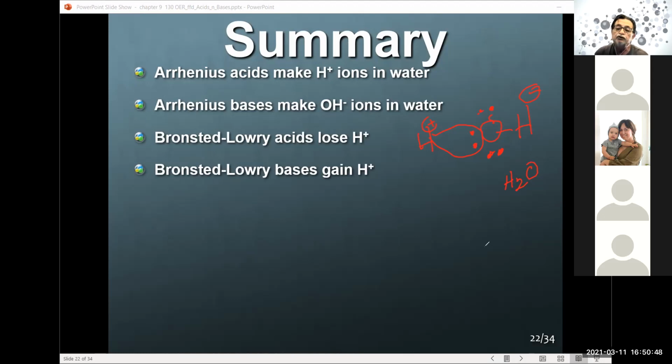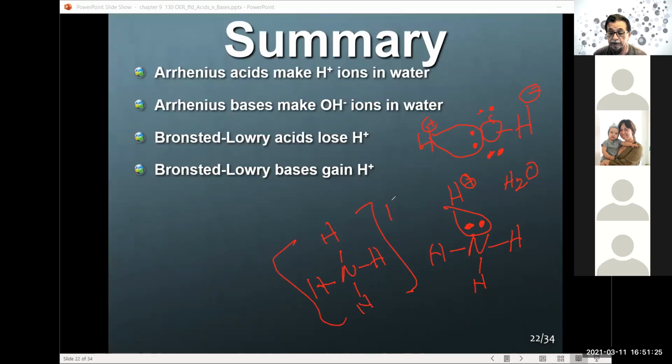But for those compounds that do not involve hydroxide, they will involve a lone pair on the central atom. Remember the Lewis dot structures for ammonia. You will find that compounds that have a lone pair are good candidates to be Bronsted-Lowry bases because, as with the hydroxide, the proton coming up here can hook up and create the ammonium ion, which we also did the Lewis dot structure for, but now it has a plus charge.